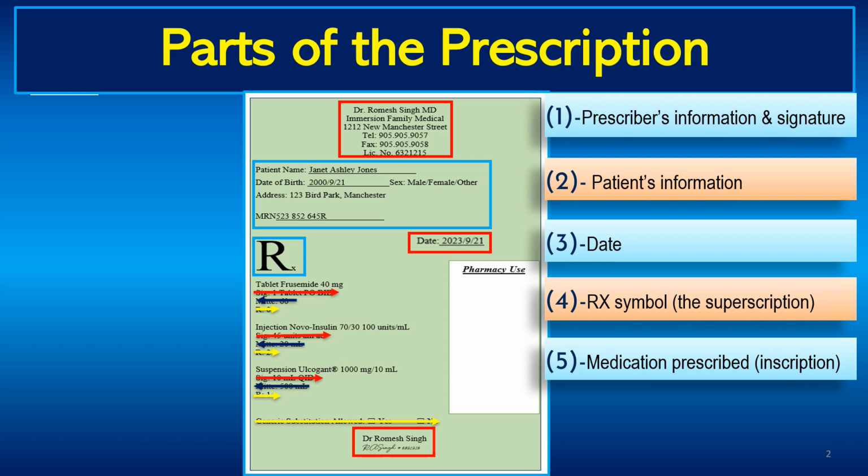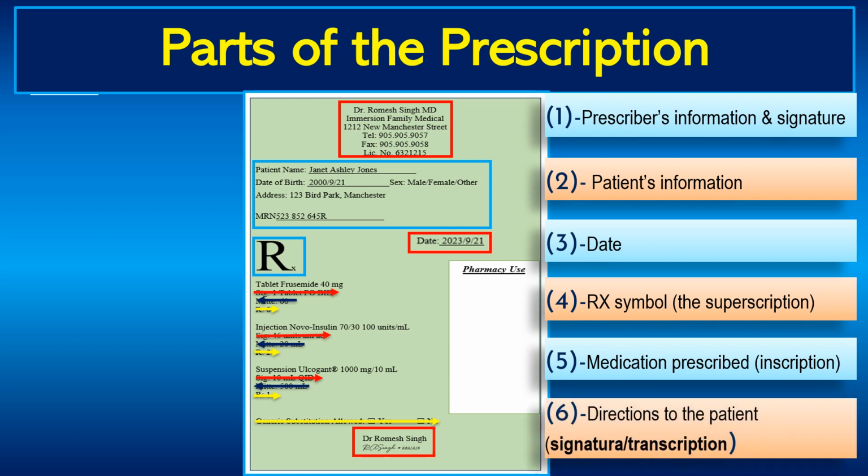So the dosage form of the medication that is prescribed, and the name of the drug that is prescribed. So in item 1, I want furosemide. In item 2, I want insulin 70/30. And in item 3, I want Ulcogant. Now, all of this, the dosage form, the name of the drug, and the strength of the drug, all of that is called the inscription.